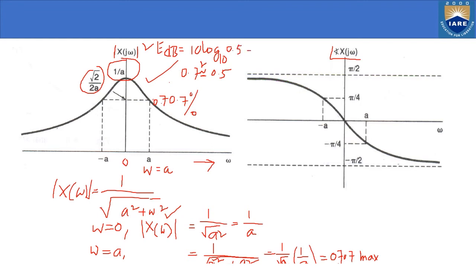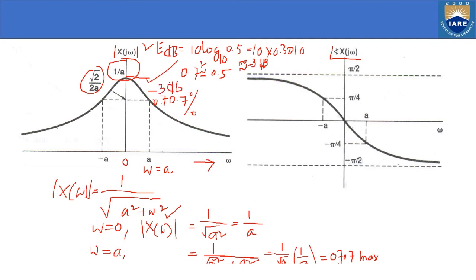So this is nothing but 10 multiplied by 0.3010, which is approximately 3 dB. So actually this becomes minus 3 dB. I should write minus 3 dB here. Okay, minus 3 dB, because see here, if this is 0 dB, this is minus 3 dB. So 3 dB down from the peak value.